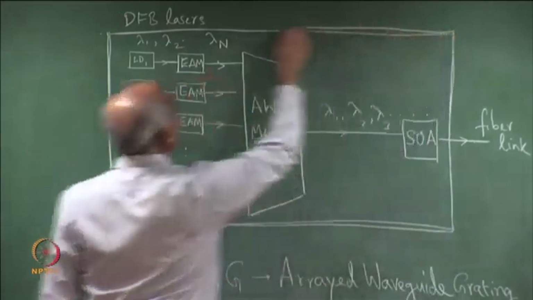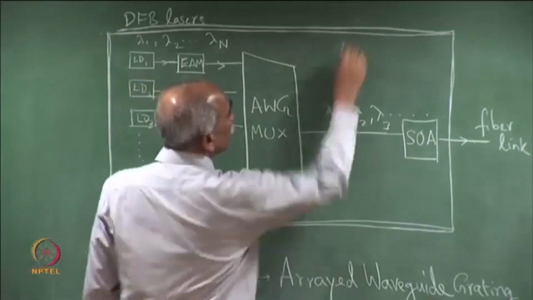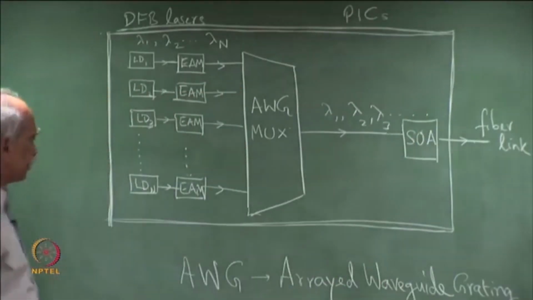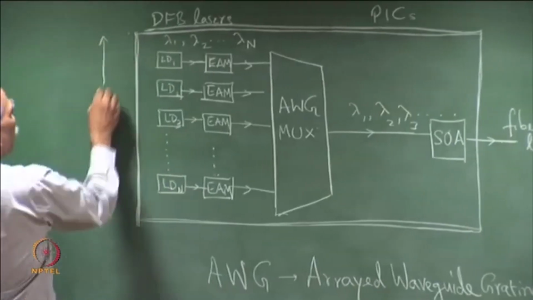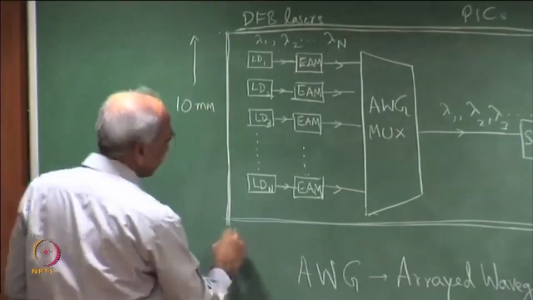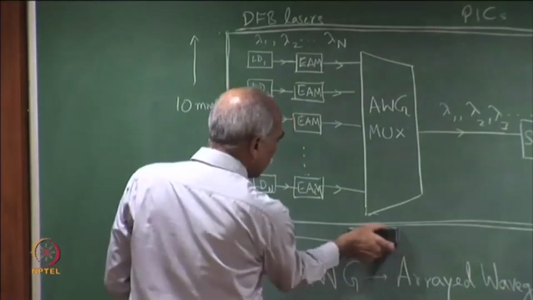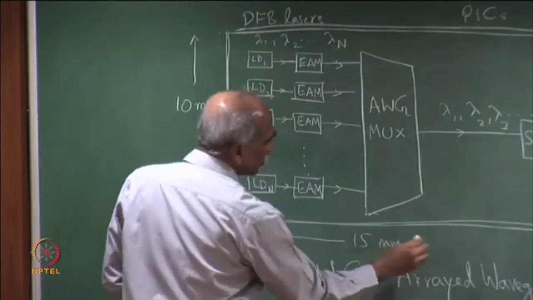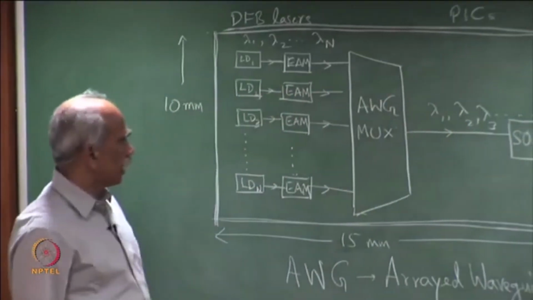So, there are reports of realizing such PICs. So, this is a PIC. Typical dimension could be 10 mm by 10 mm. So, I am just giving some typical idea what is the dimension that we are talking. So, 10 mm by 10 mm or 15 mm, that is the kind of dimensions that we are talking of for a PIC.